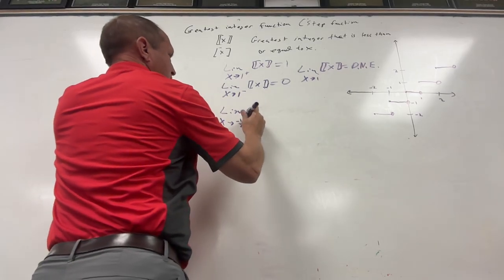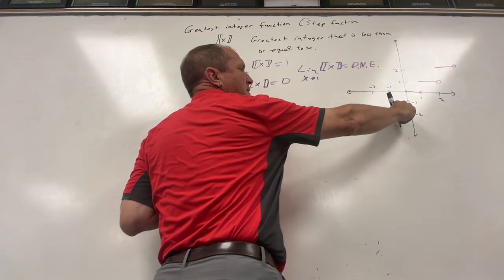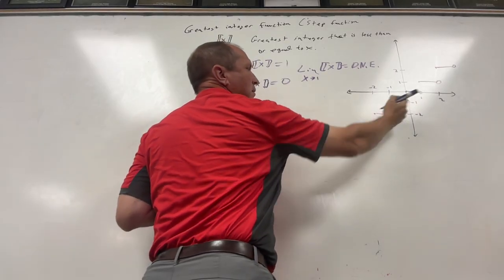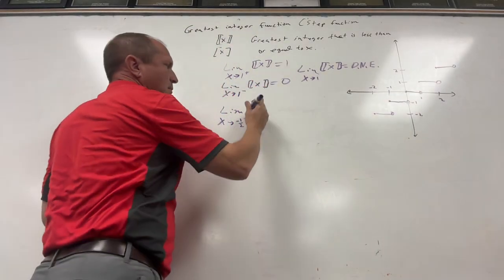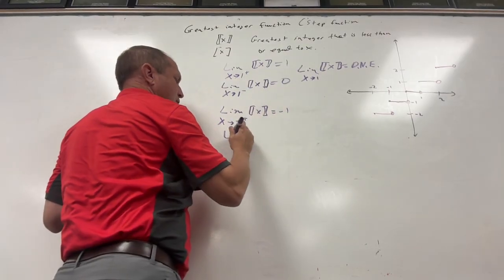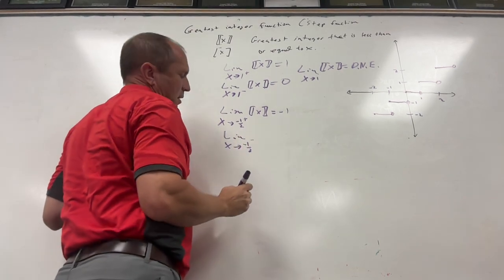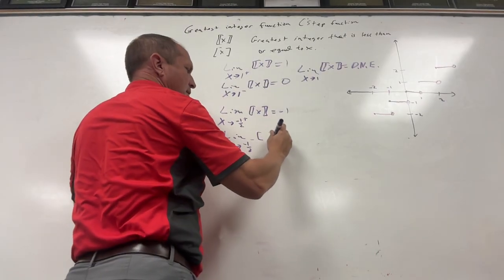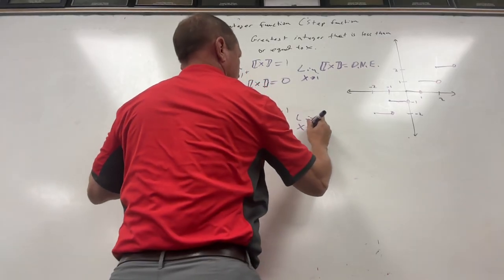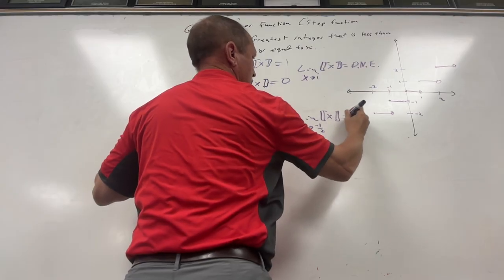From the right, negative 1/2 is here, so my y value is here. What y value am I approaching as I approach negative 1/2 from the right? Negative 1. What is my limit as I approach negative 1/2 from the left? Also negative 1. So the limit as x approaches negative 1/2 is negative 1.